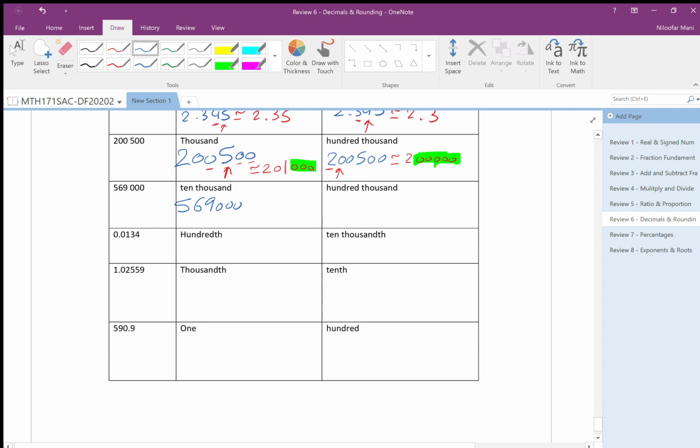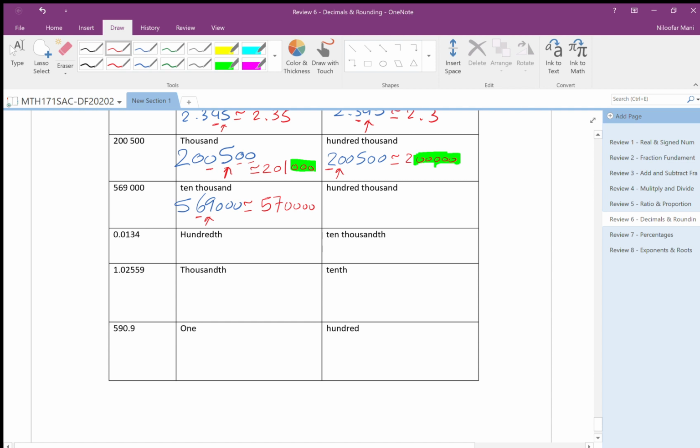So 1, 10, 100, 1000, 10,000. So I underline this. So you do 5 7 0 0 0 0.